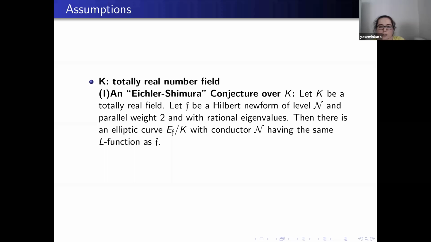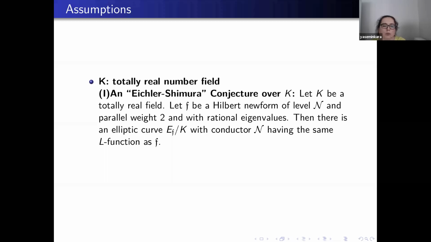It says that for a totally real field, and f a Hilbert newform of level n, which has parallel weight 2, you don't have to know these definitions, with rational eigenvalues, then you can find an elliptic curve with conductor n having the same L-function as this f. This is the Eichler-Shimura conjecture.